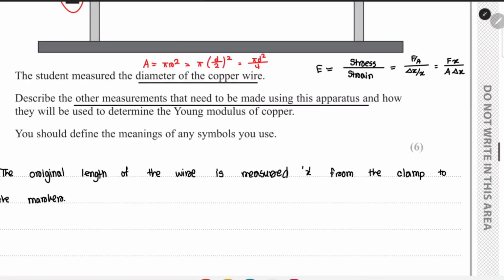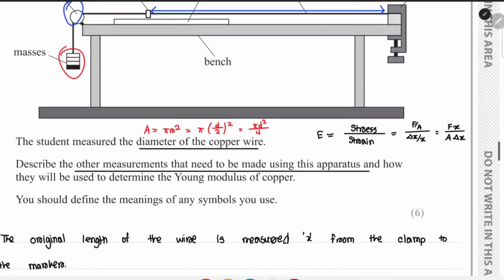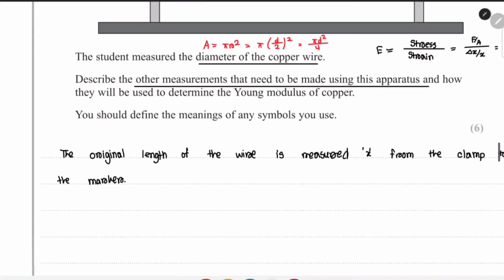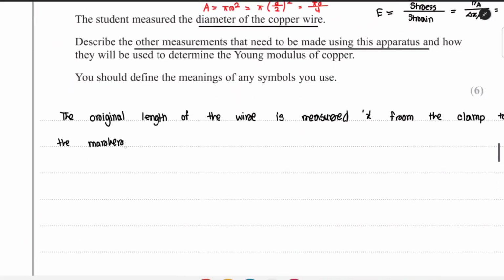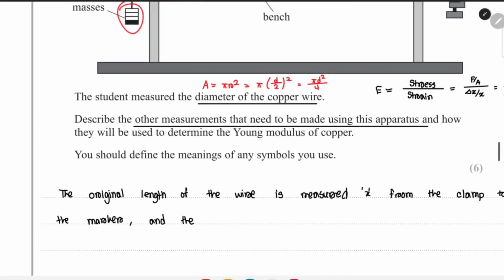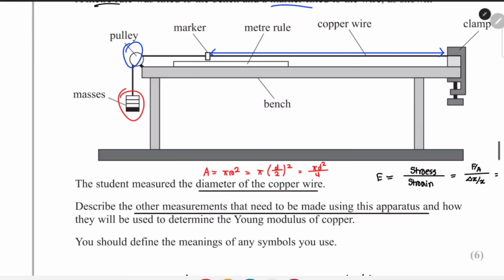Now the next thing we measure is the extension. So how much the marker moves at different weights. So instead of extension, the main thing we are measuring is, if the marker's at this new position, I'll not measure this.